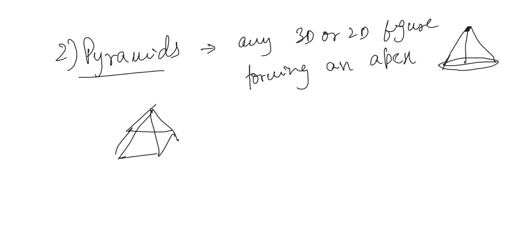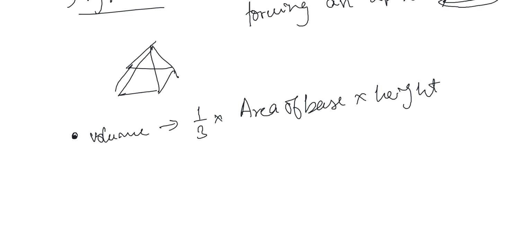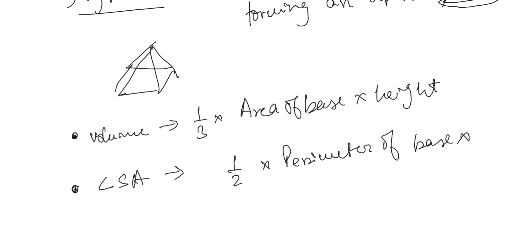So its volume will be given by 1/3 into area of base into height. Then we have lateral surface area, which is half into perimeter of base into height, sorry, slant height.